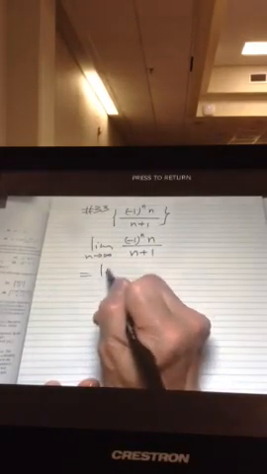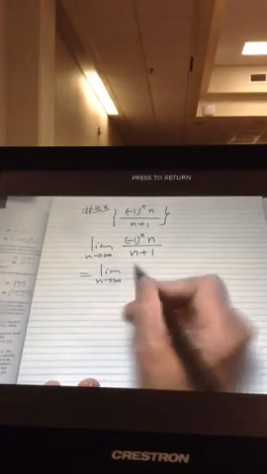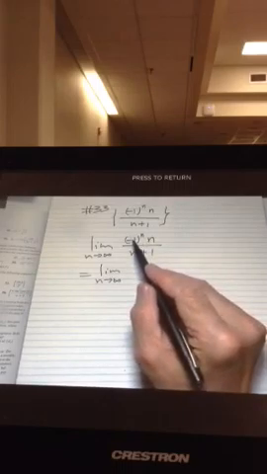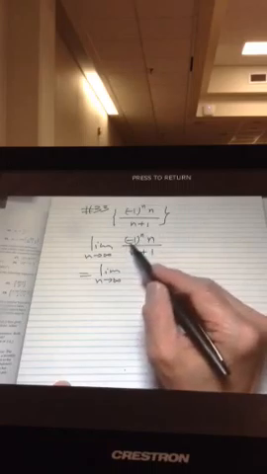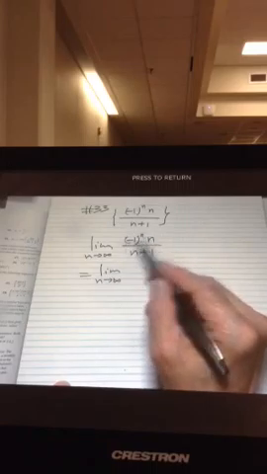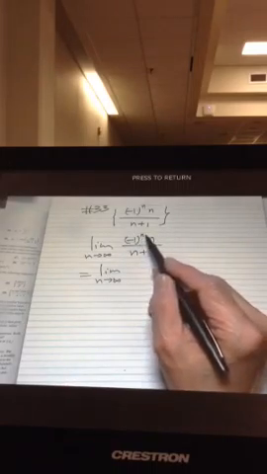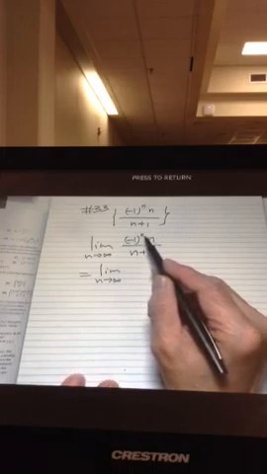So this is equal to the limit as n approaches infinity. Because I have negative 1 to the n, I cannot differentiate negative 1 to a power. So what I'm going to do is the following.